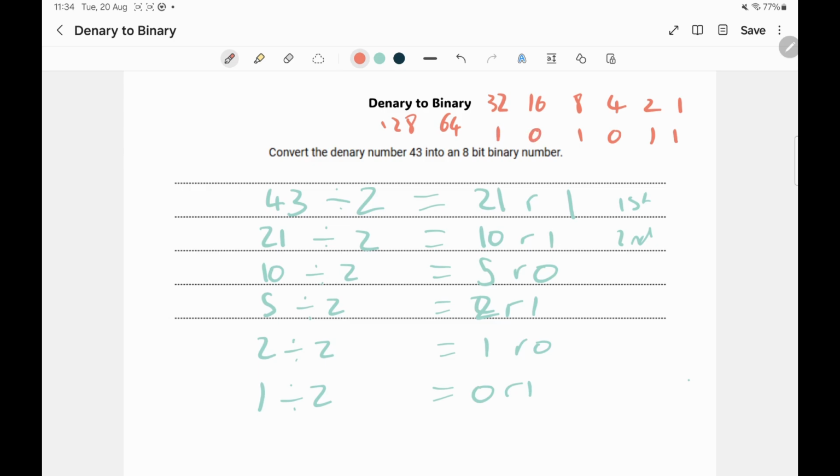The rest of the number can just be zeros. So our final number is 0, 0, 1, 0, 1, 0, 1, 1. If we add that up now, we've got 1 plus 2 equals 3, 11, 43. Therefore, that's worked. So that is our final answer, and that is how we get that.